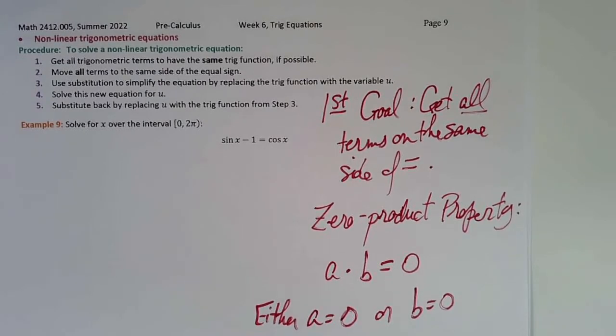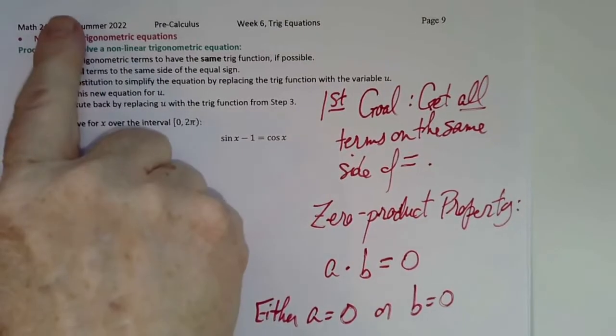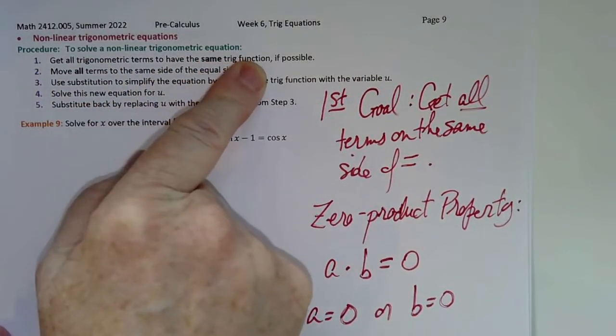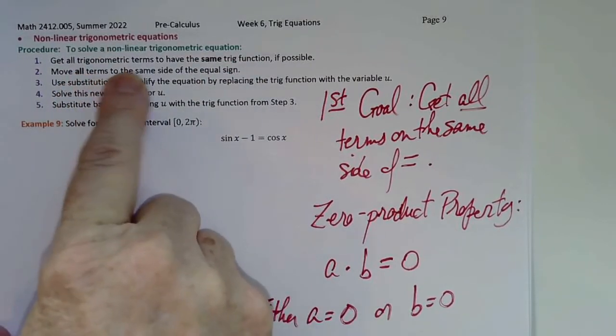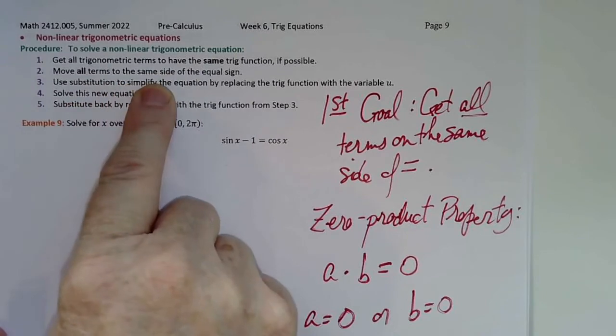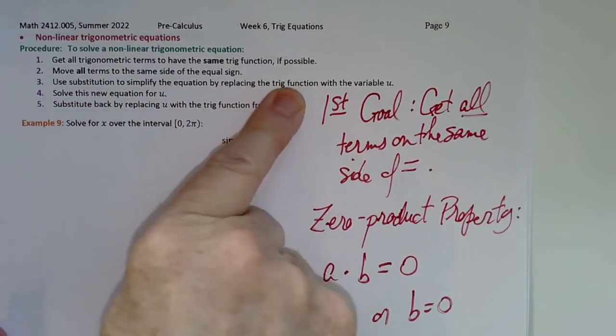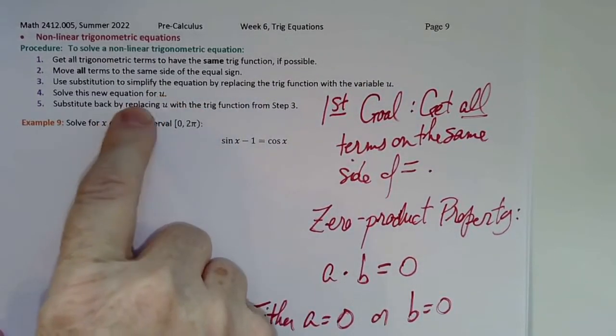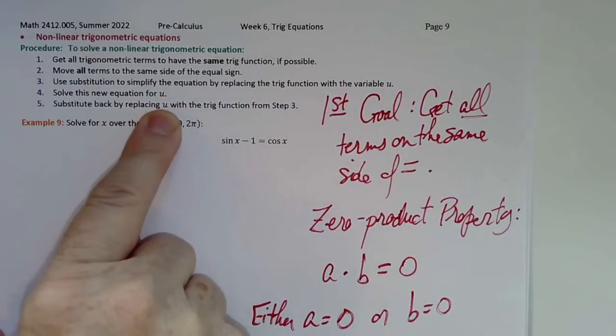And the first one is pretty non-standard, but it's just too much fun not to do. So let's look at the steps. We want to get all the trig functions having the same trig function, move all terms to the same side of the equal sign, use substitution to simplify the equation by replacing the trig function with u, solve for u, and substitute back for the trig function for u.